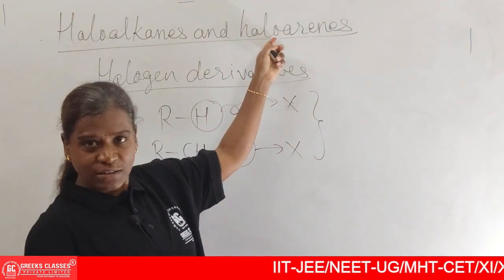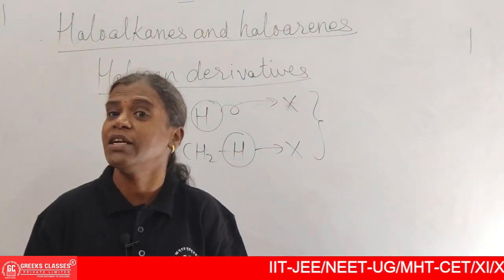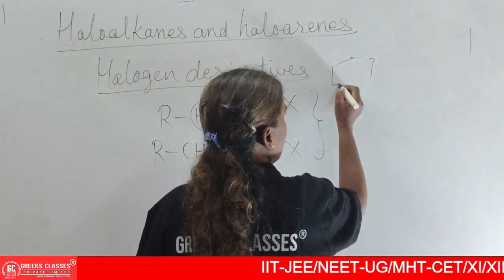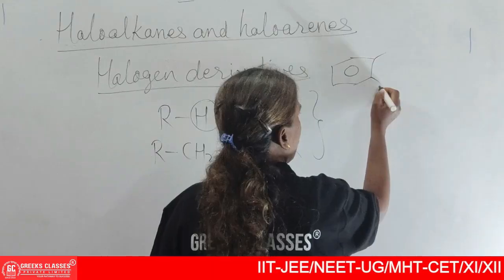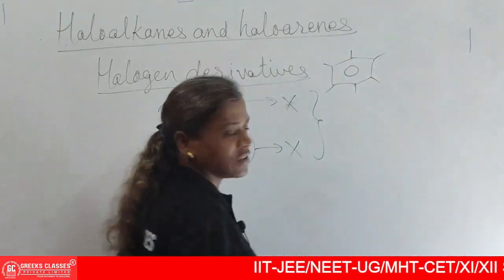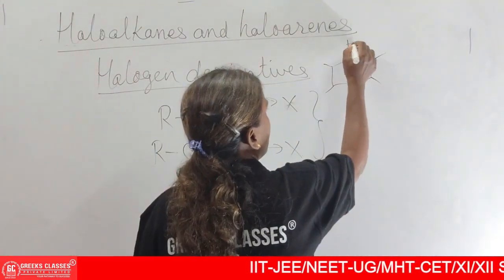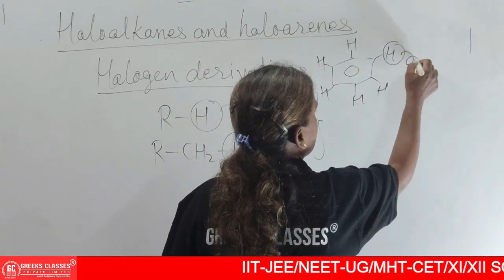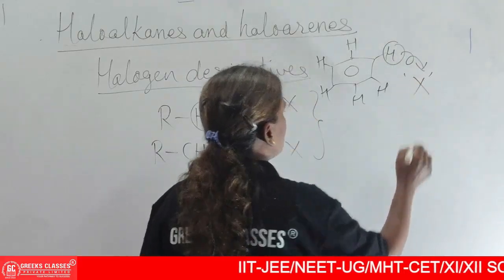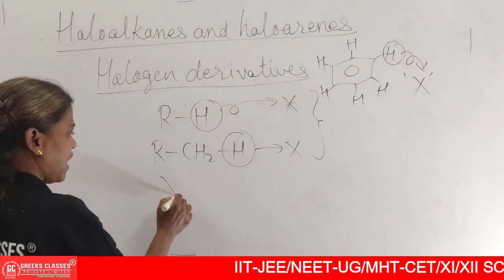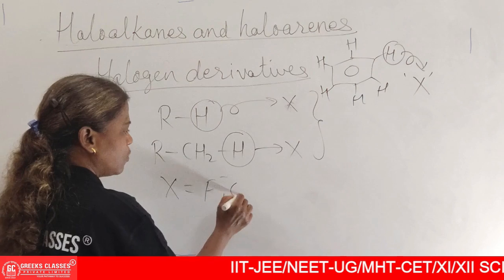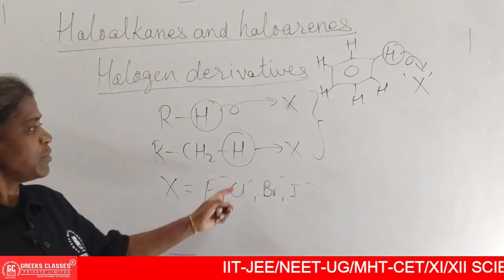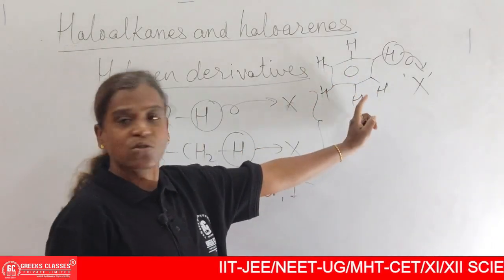And when we say haloarenes, that means they are related to the aromatic ring, the benzene ring. We know that in this benzene ring there are 6 carbons all around, and if one of the hydrogens is replaced by a halogen group, normally denoted by X, where halogens like fluoride, chloride, bromide, iodide can be substituted in place of hydrogen.